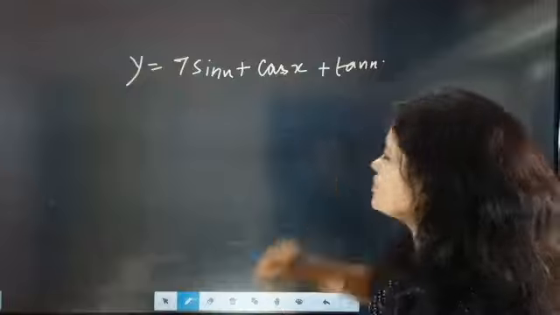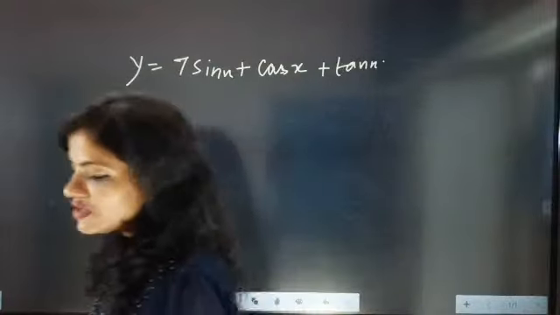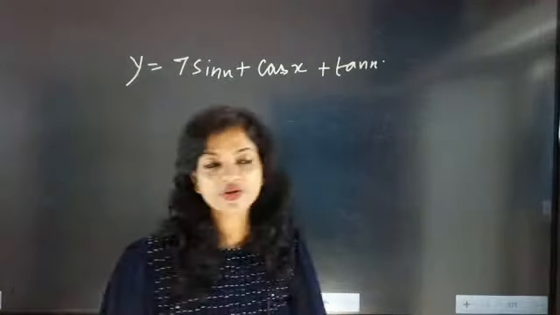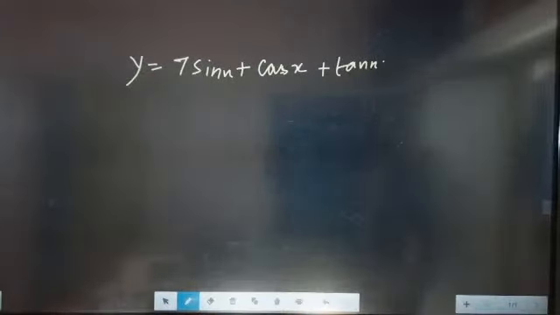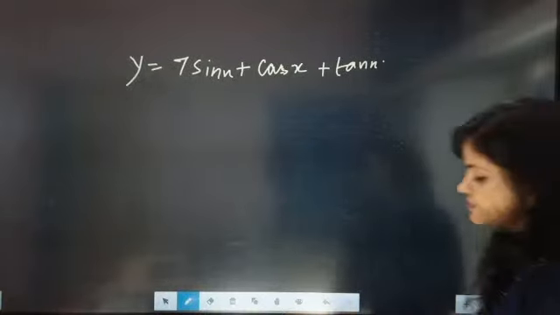Then how to solve using the formula? First, just get the differentiation of this. After that I will teach you how to find the differentiation of cos 2x by first principle.